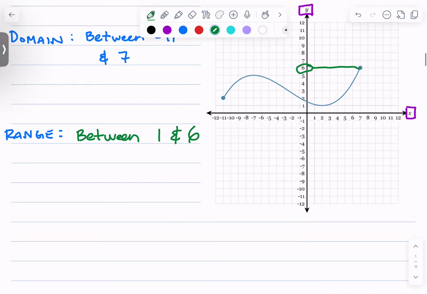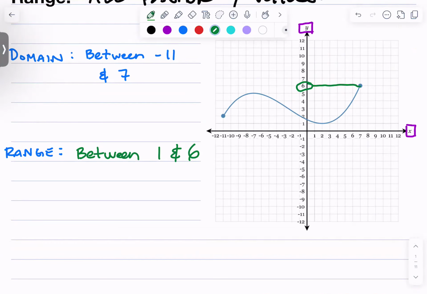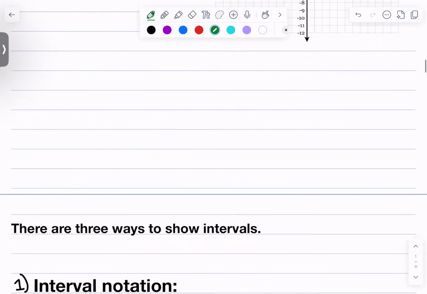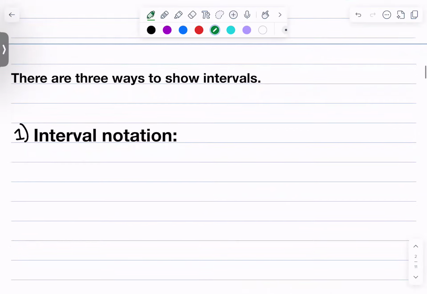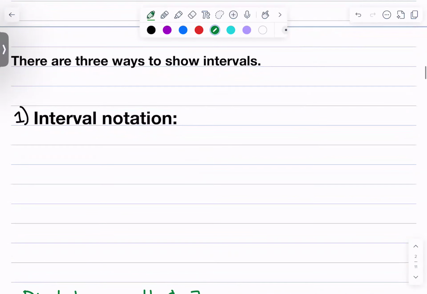So now how do we write this in terms of math notations? Okay, there are 3 math notations that we have to talk about. The first one is interval notation. Interval notation, it looks like a coordinate.